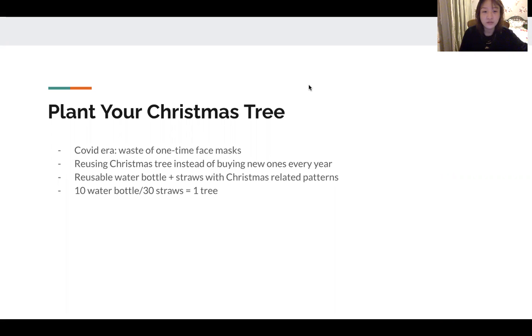So as Christmas is coming soon, we want to encourage people to reuse Christmas trees instead of buying new ones every year. And we will launch our products as reusable water bottles and straws with Christmas related patterns on them. And for every 10 water bottles purchased or every 30 straws purchased, we will plant a tree in the US.